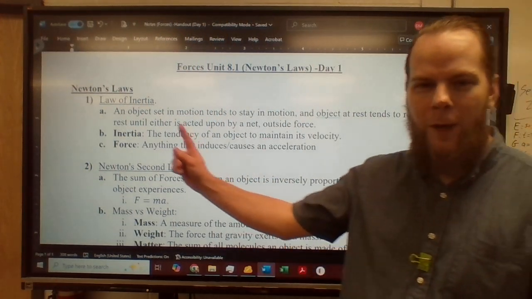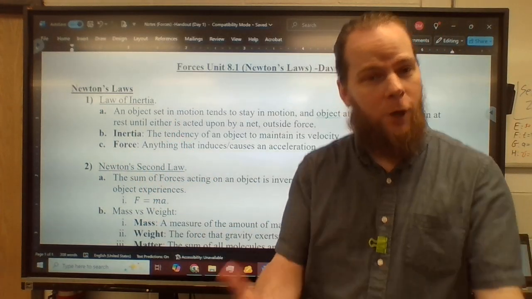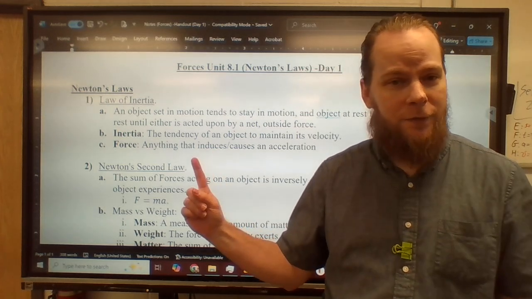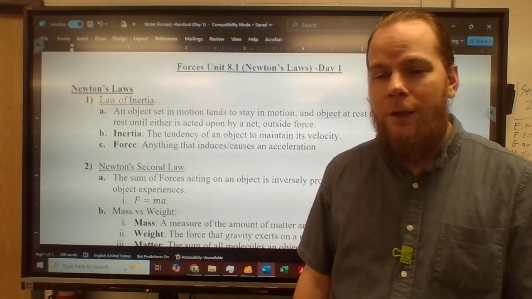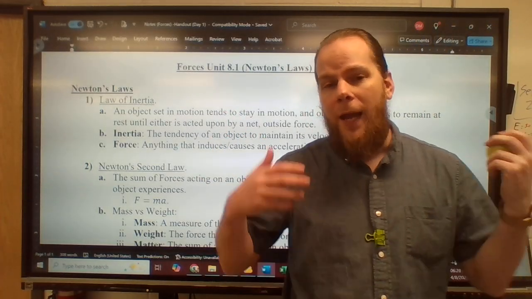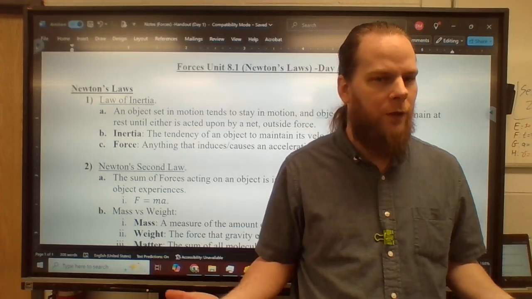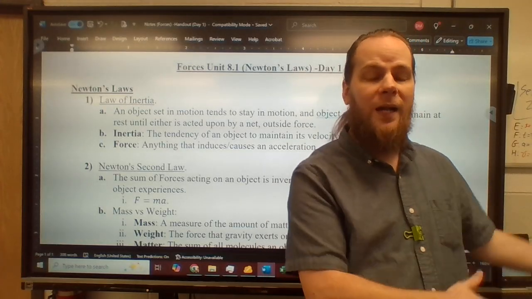Okay, I also added the definition of a force up here, so those of you who got a hard copy of the notes in class, that's not on there, you're going to have to add it. But in a nutshell, that's Newton's first law. Anytime something accelerates, some kind of force is causing that acceleration. That's why we did kinematics first.